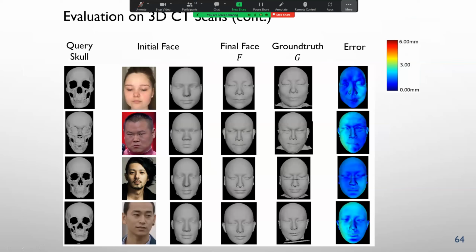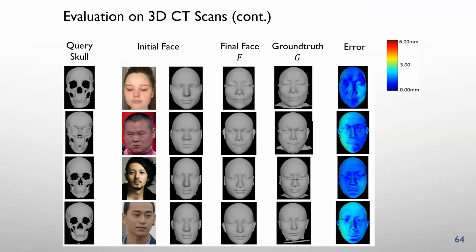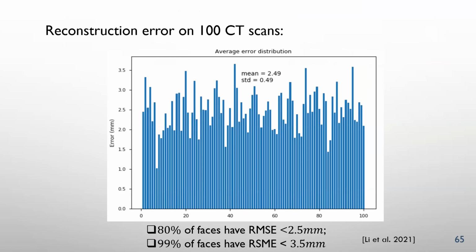And then we calculate their point-wise error. Here are some more examples. The reconstruction error in these bright regions is around 2.5 to 3 millimeters. We have so far collected about 280 scans, and we randomly selected 100 to perform the testing experiments.